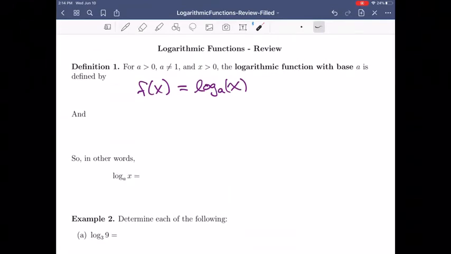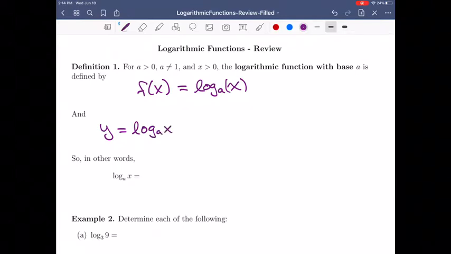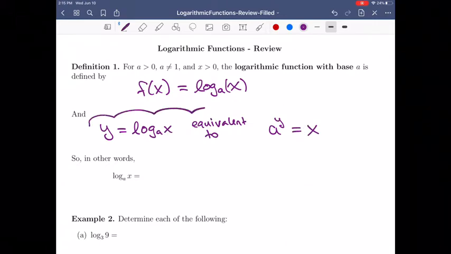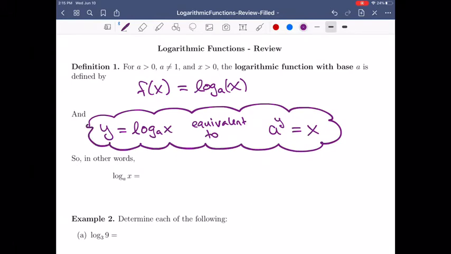And the way we actually use it is we say that y is equal to log base a of x. This is equivalent to saying a to the power y equals x. Okay, so this is a very important relationship, and we're going to be using it frequently.